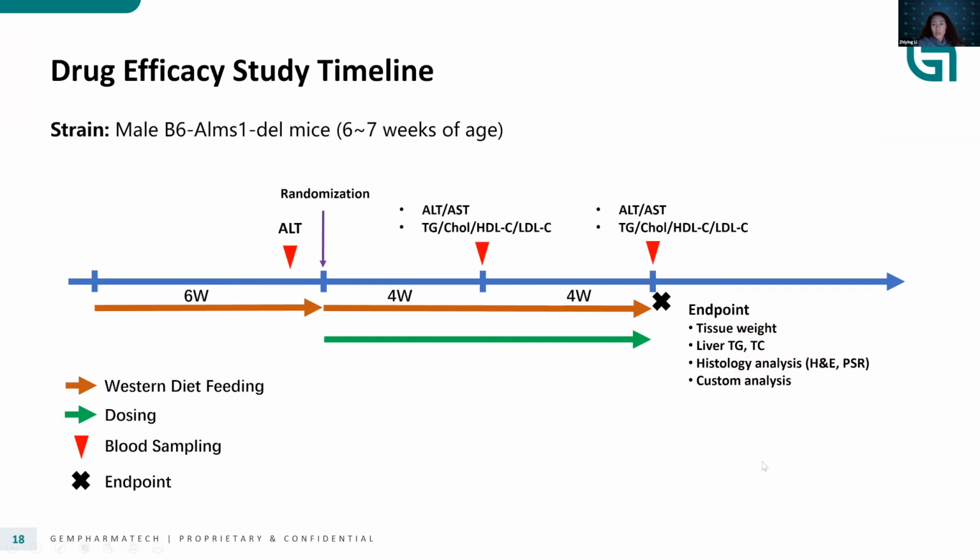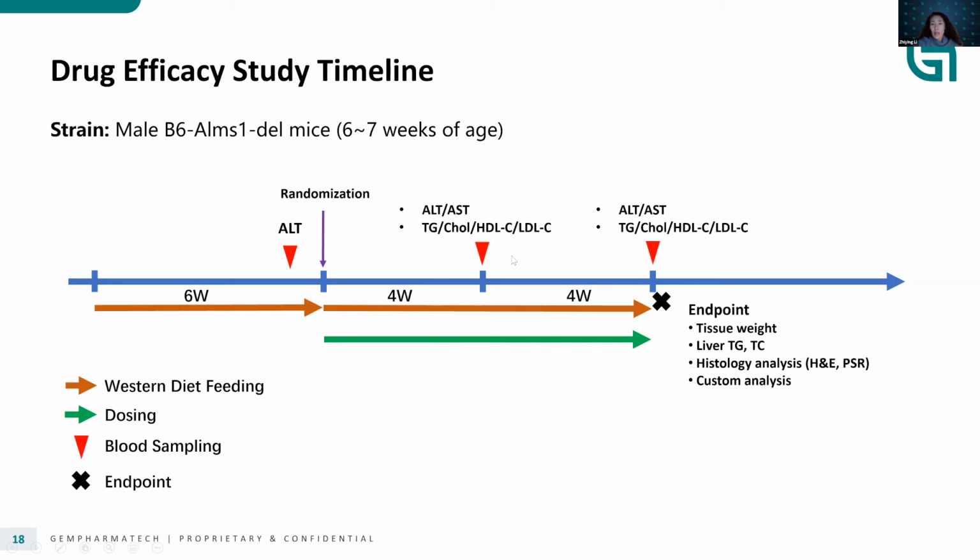So in our hands, we outlined the service platform as in this illustration. So animals are 6 weeks of age when they are randomized to be segregated into the drug treatment group versus the dosing, the actual testing article group.